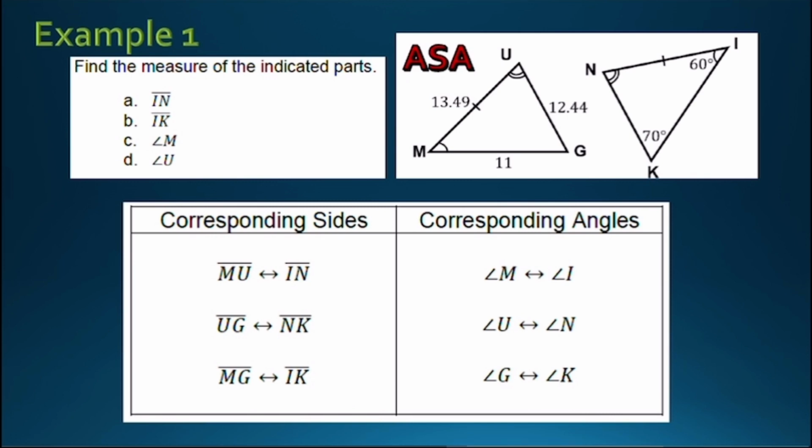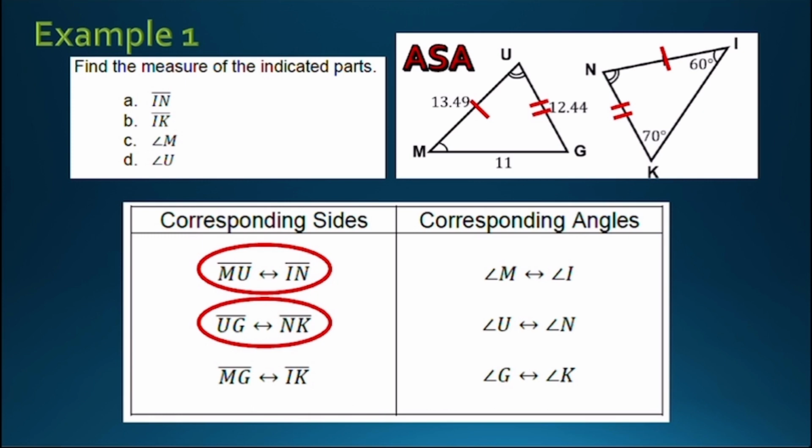And for step 3, you will see on the slide the list of corresponding parts. For our corresponding sides, we have line segment MU is the same as line segment IN. Line segment UG is the same as line segment NK.